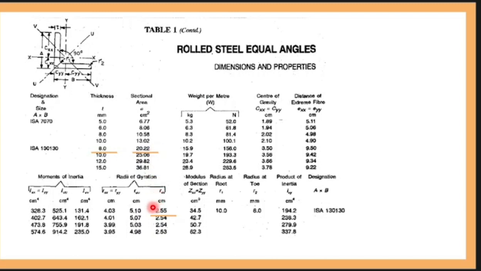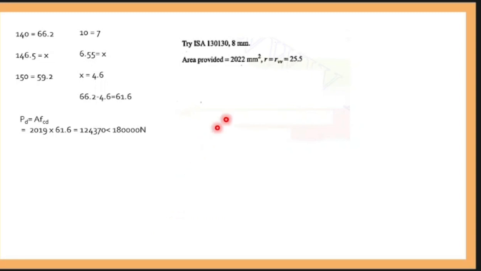And what is the minimum radius of gyration? 4.03 and 2.55, which is least. 2.55 is least. R minimum is 25.5. 0.85 into L, which is 2550, divided by R, 25.5. Your value is 100.